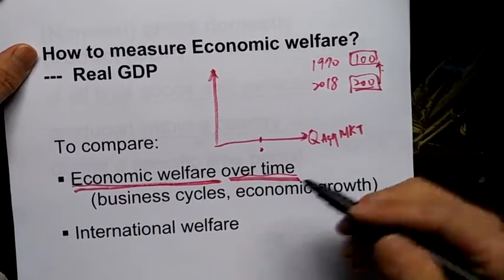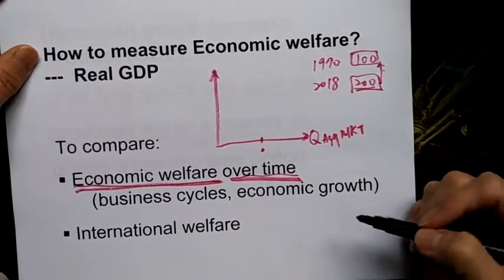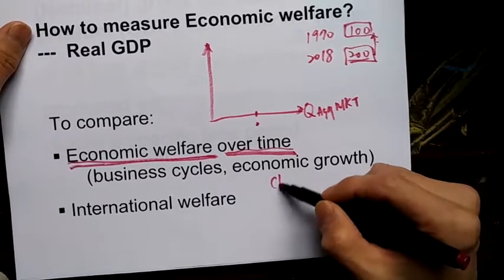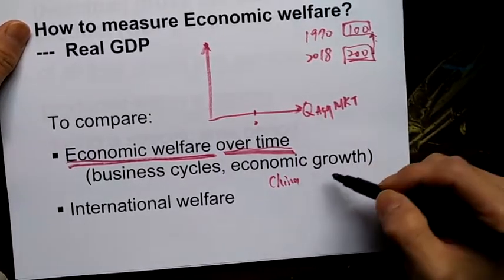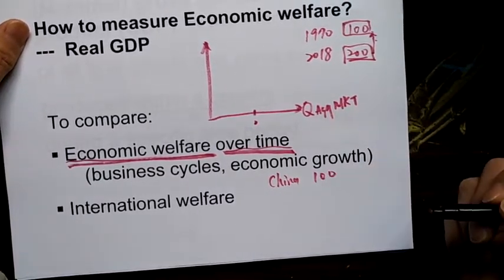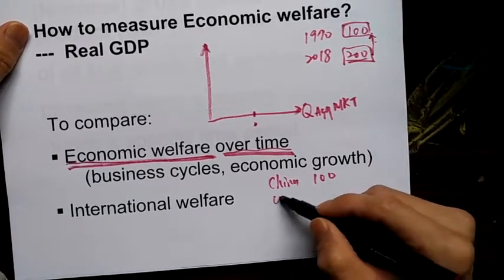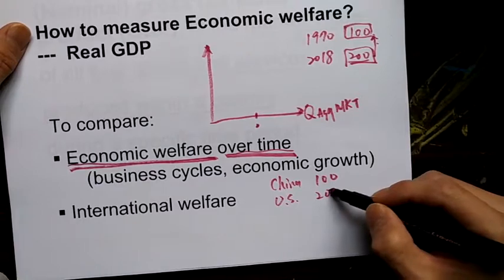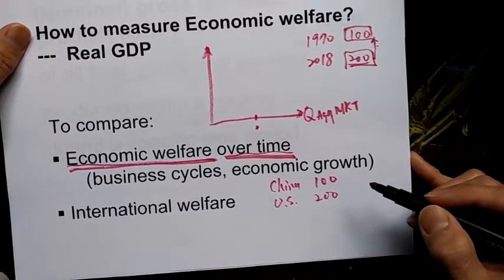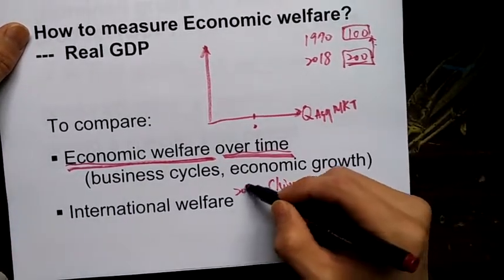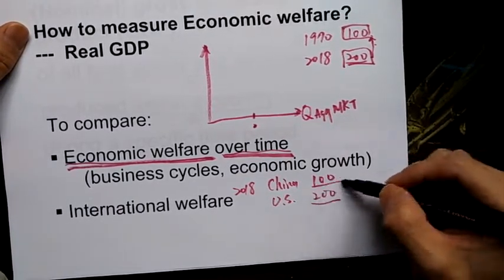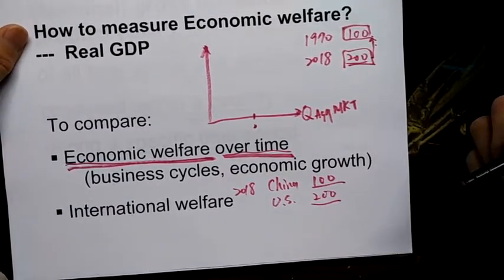Or, at the same time, in 2018, say for example, this number for China is 100. And this number for the United States is 200. Then we can say that in 2018, we lead a better life than the Chinese.